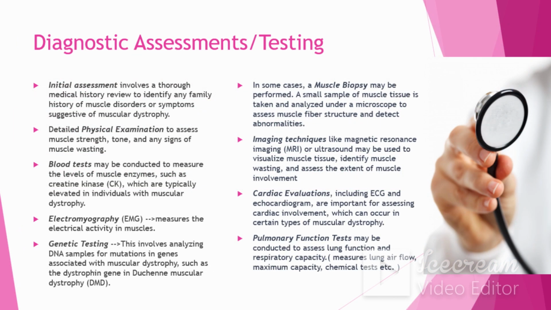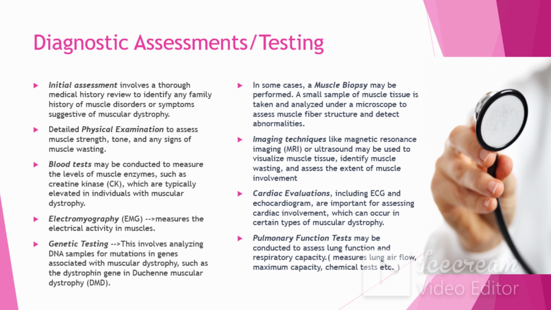A little bit about the diagnosing process. It would typically start with an assessment of family medical history to identify any history of muscle disorders or symptoms that could suggest muscle degeneration or weakness.